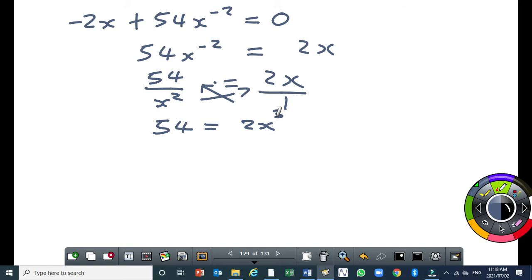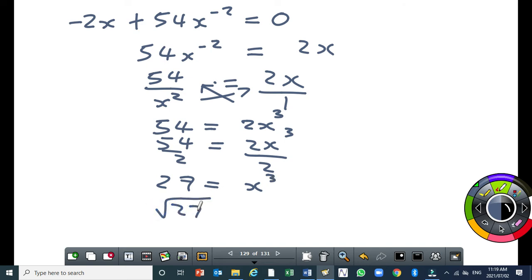Okay? I hope you are following what I'm doing, because this concept is very important when you are doing questions on application in calculus. Then you divide both sides by 2. So you get 27 on the left and x cubed on the right. Now it's very easy. Find the cube root of 27. You get 3.